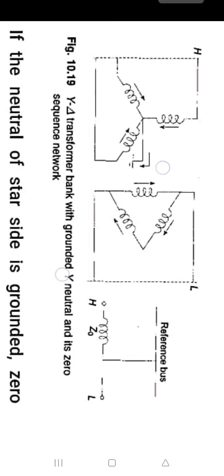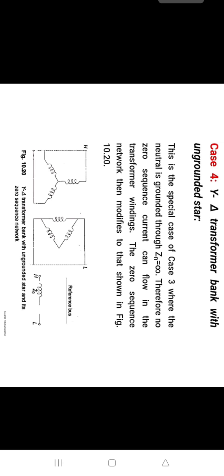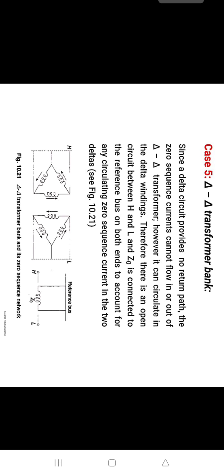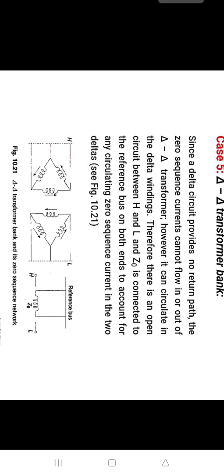Then star delta but with no neutral grounding, so there will be no path and L will also be open circuited. Then the last is delta delta. Here both H and L are open circuited, but the Z0 impedance allows current to circulate inside, so we are giving a path to the reference bus. So these are the sequence impedances for transformers.